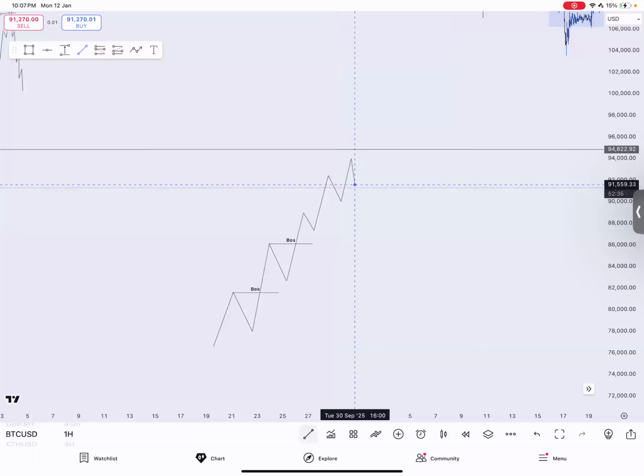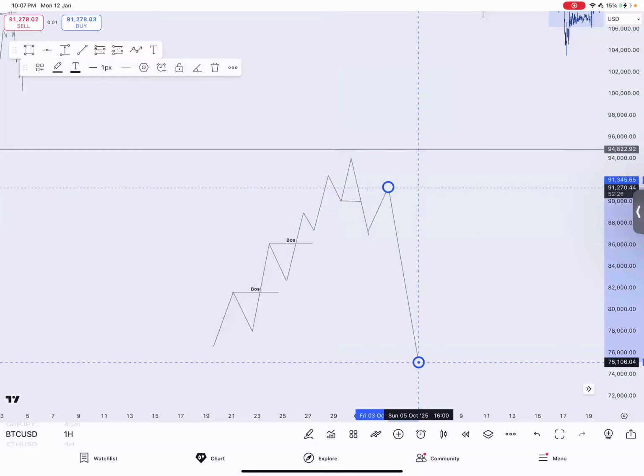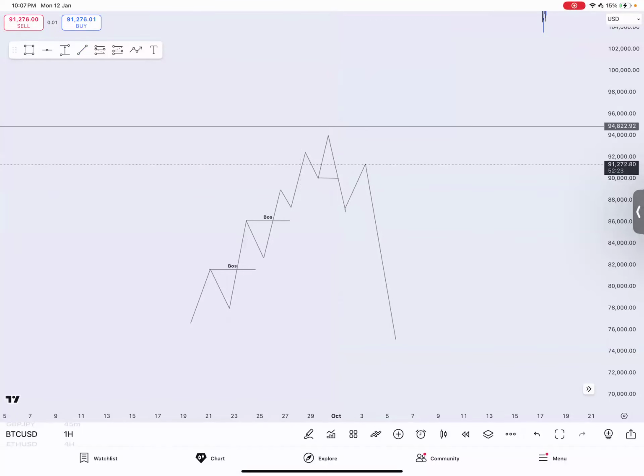Then market does something like this. If something like this happens, that means that an MSS just occurred and price will start selling very soon. So the difference between break of structure and MSS is that an MSS will reverse the direction of the market, but a break of structure will continue the current direction of the market. Do you guys understand what I mean?